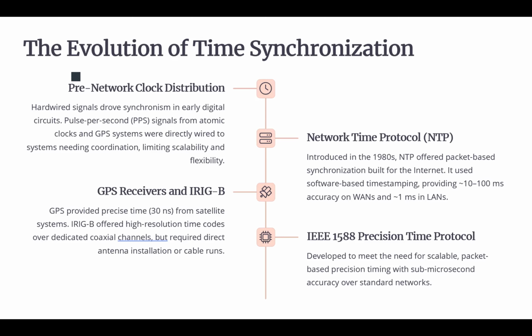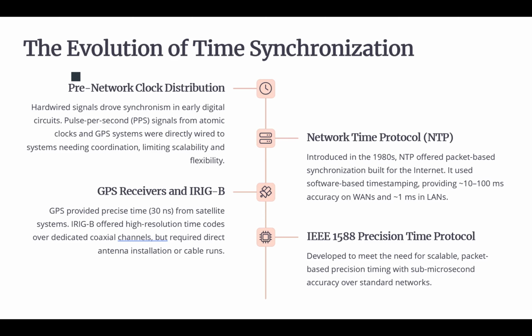After that, to address some of those shortcomings, we had NTP, the Network Time Protocol, introduced in the 80s. The purpose was to synchronize time over the internet using packet-based communication, so it would fix the scalability problem that PPS had.